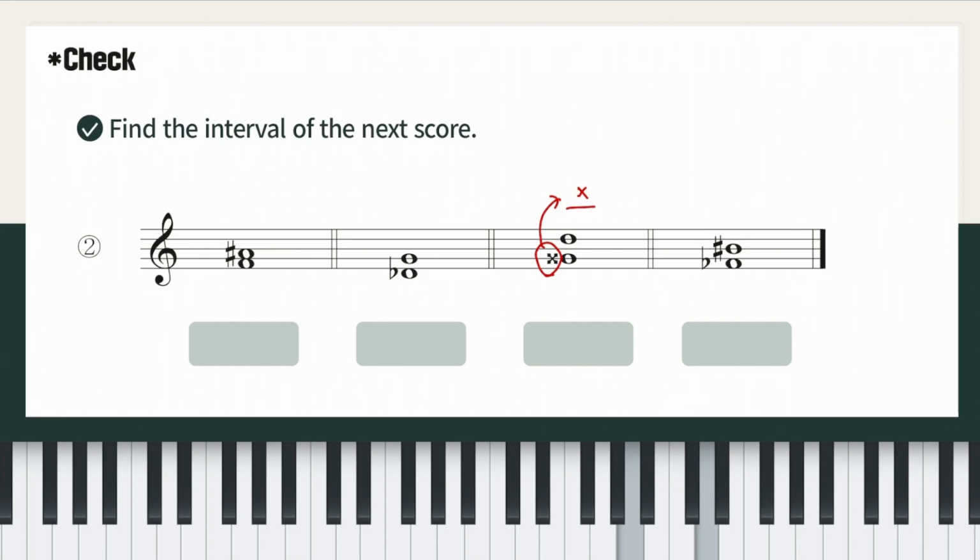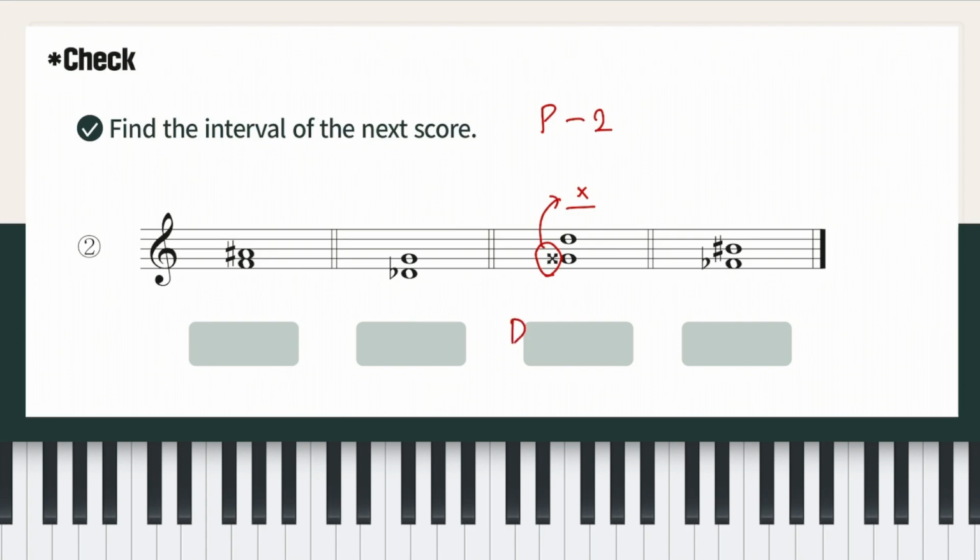Which means it reduced 2 times. So from perfect, it reduced 2 times. So it becomes perfect fifth, diminished fifth, doubly diminished fifth.